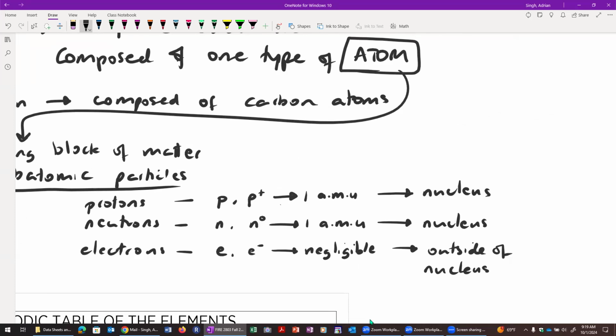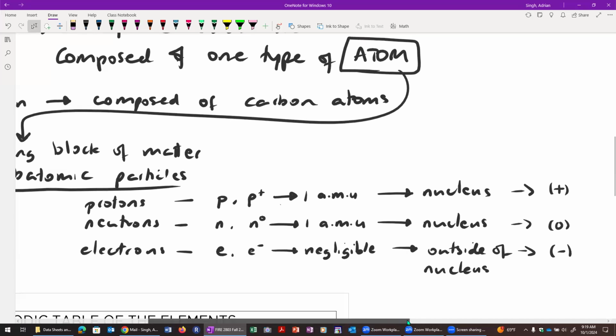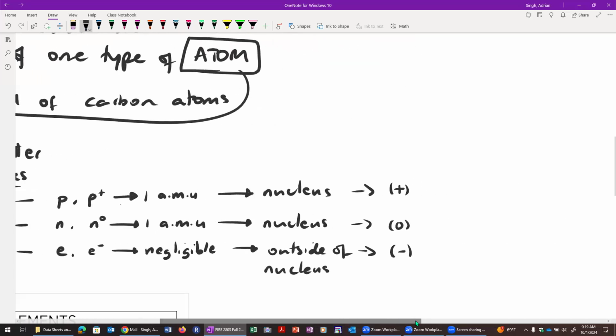And then one of the other things we mentioned was that each of these subatomic particles has a charge associated with it. So protons carry a positive charge, neutrons have no charge, they're neutral, and electrons have a negative charge as well. So overall, an atom by definition has to be neutral.